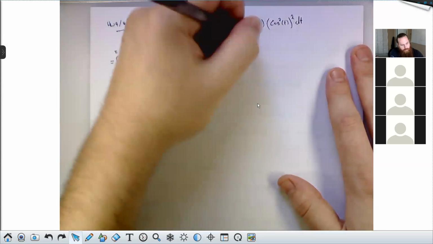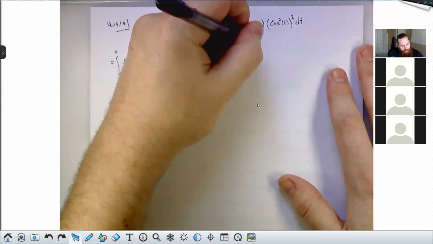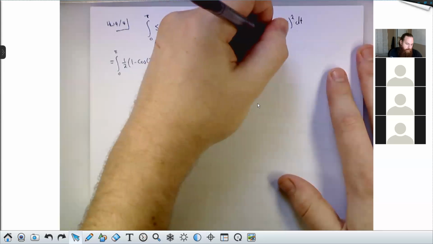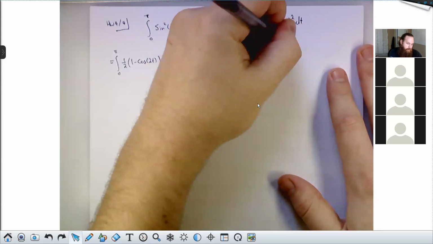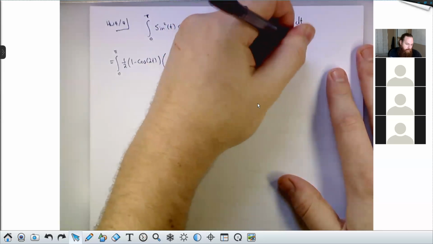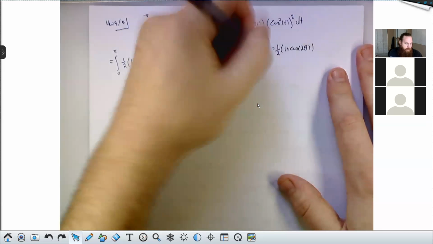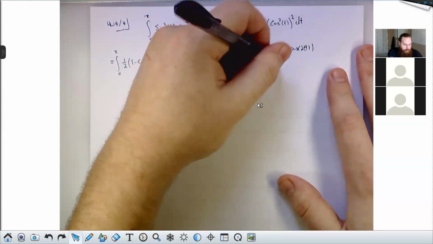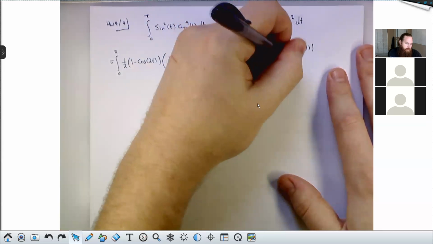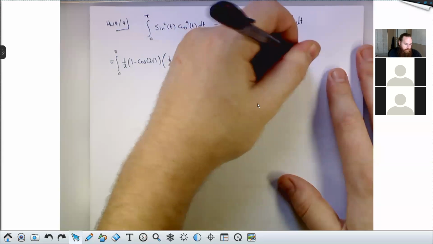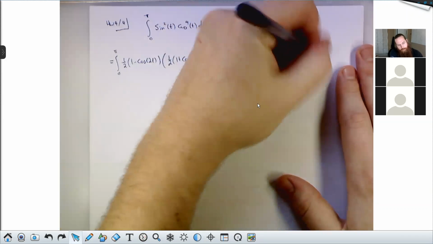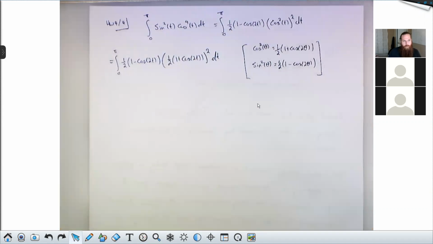squared dt. The two identities we're using are cos squared theta is 1/2 times 1 plus cos 2 theta, and sine squared theta is 1/2 times 1 minus cos 2 theta. So if the power of sine and the power of cosine are both even, then this is the only attack we have.